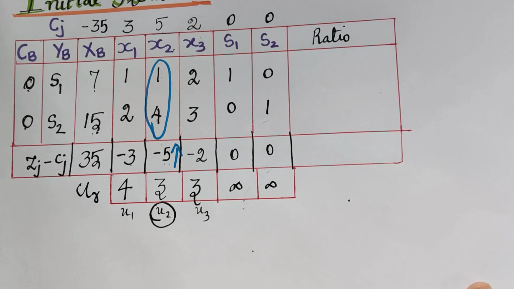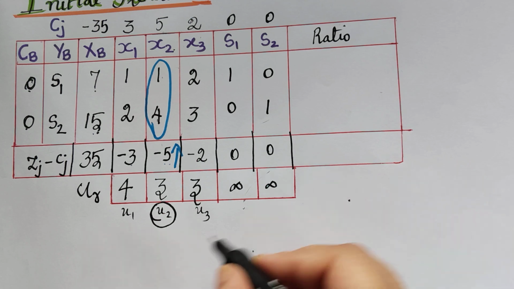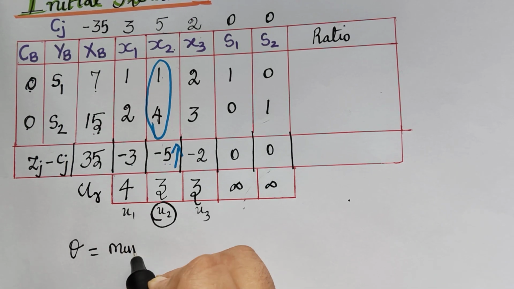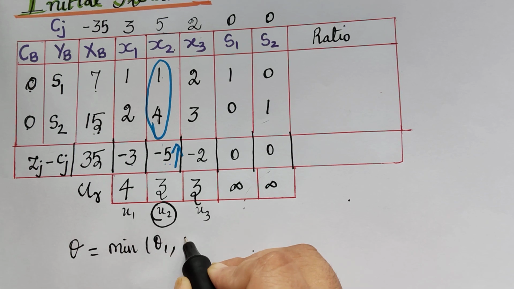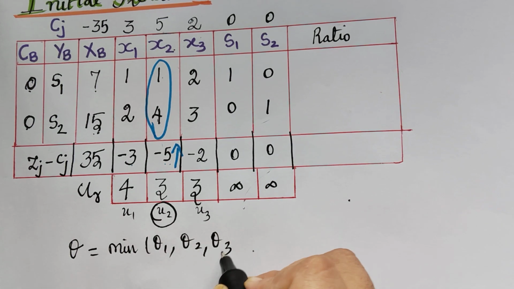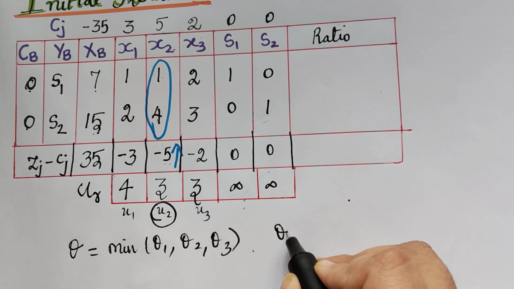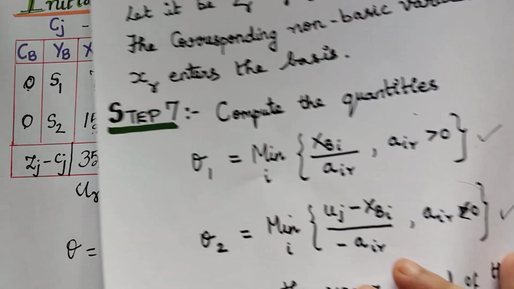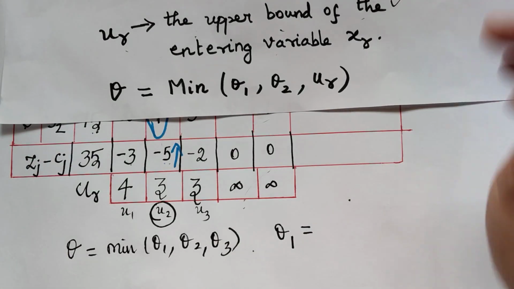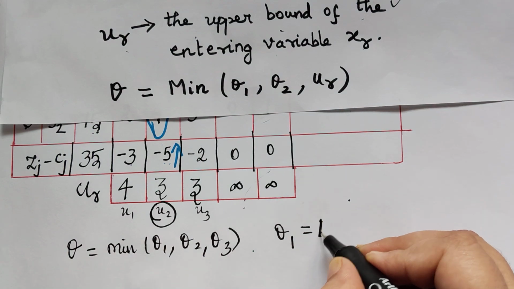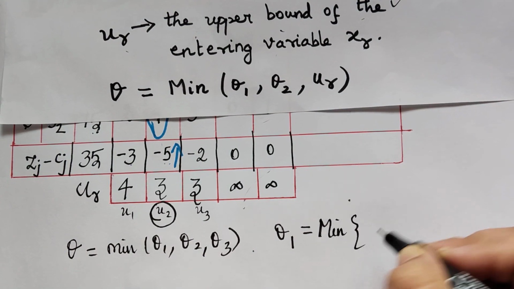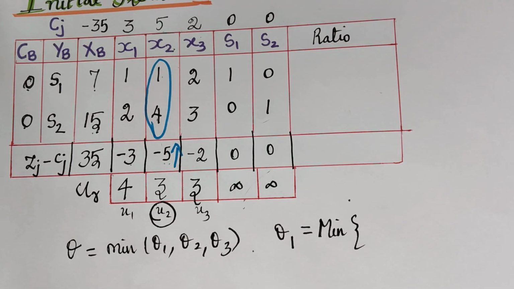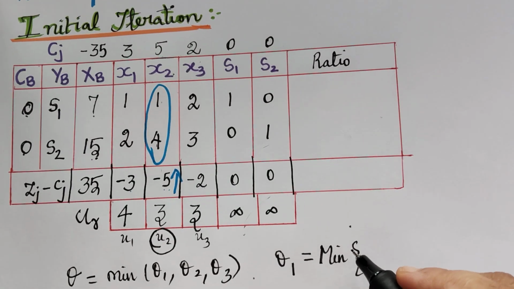So now the idea of the problem is to find theta, which will be equal to the minimum of theta 1, theta 2, theta 3. Now what is this theta 1? It is the same ratio that we usually find, that is the minimum of x_Bi divided by a_ir. So what is x_Bi?